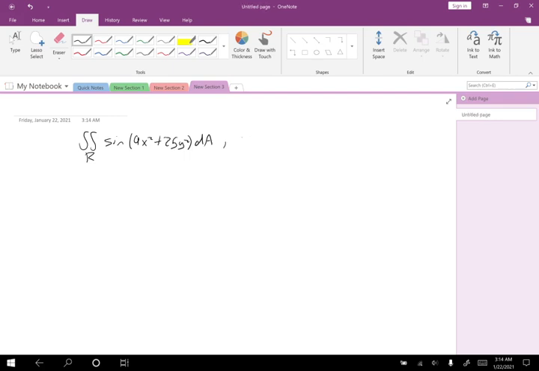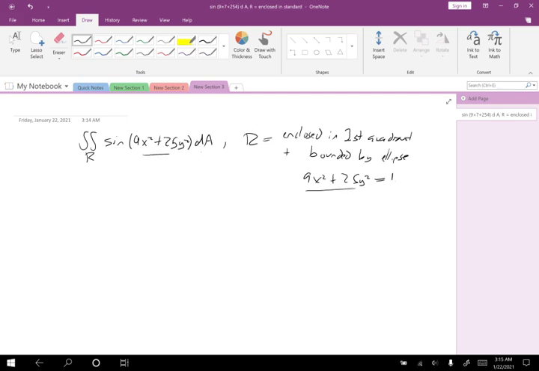And the region R will be enclosed in the first quadrant and bounded by the ellipse 9x squared plus 25y squared equals 1. See, and notice the parallel with the integrand. You won't really see anything more complicated because then it would be impossible.